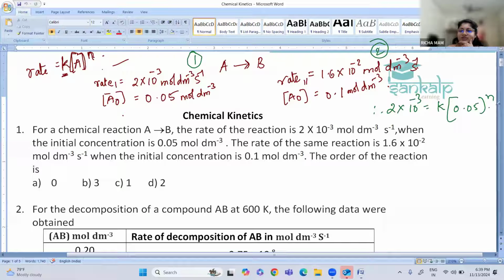This is the first equation. Similarly, the second is 1.6 into 10 raised to minus 2 is equal to K into 0.1 raised to n. This is your second rate equation. So what we will do is divide 1 by 2.